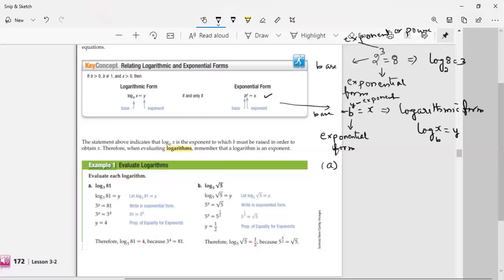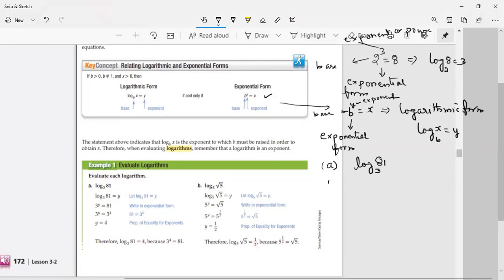Let's see one example. What will be the value of log 81 to the base 3? How to find this one? When converting a log, b will stay there, only y will come here and x will go there.